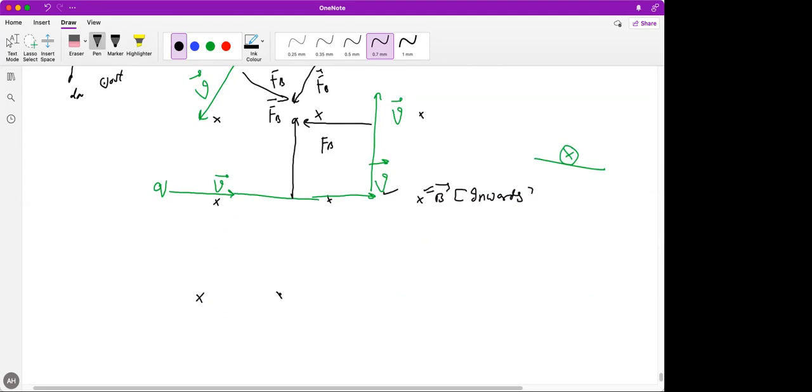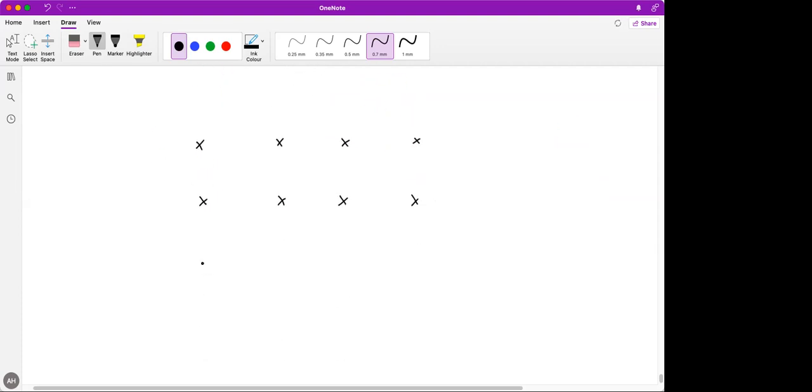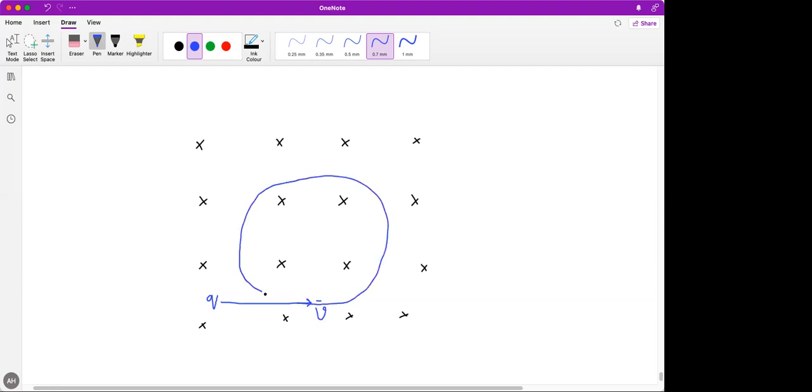So this is the magnetic field. This is the charged particle. It enters in this way, so it will complete a circular path.